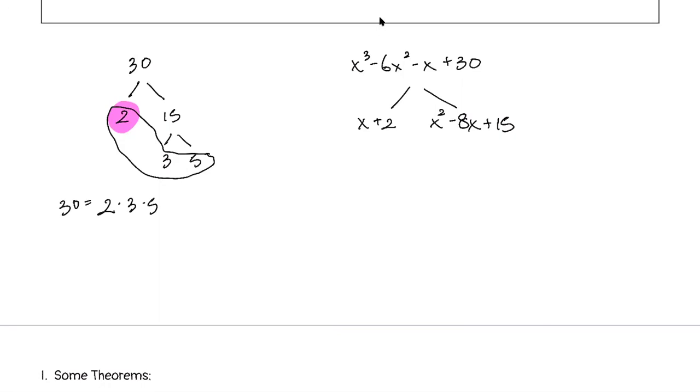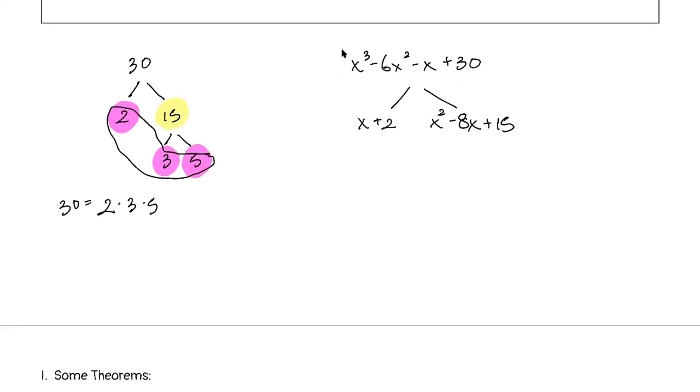It's a prime number. You can't go lower than that. It doesn't really factor anymore, right? The only way we could do anything with it is just break it down into 2 times 1. So we kind of just stop there, okay? But using similar reasoning, we did not stop at the 15 because we could still continue to break down 15 into its prime factors.